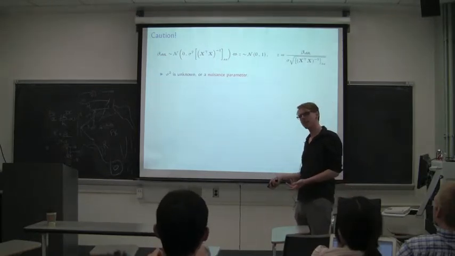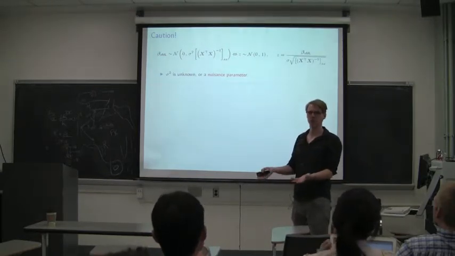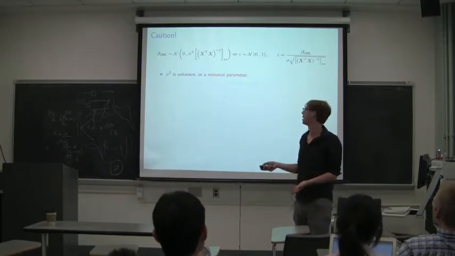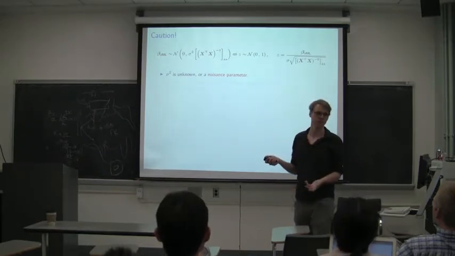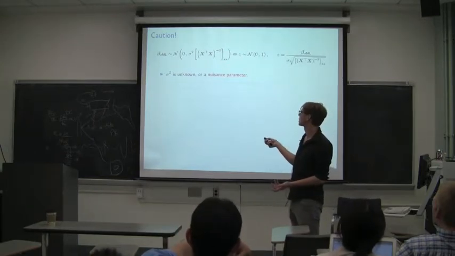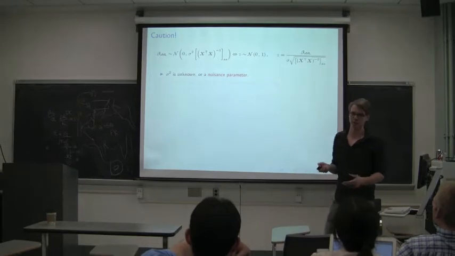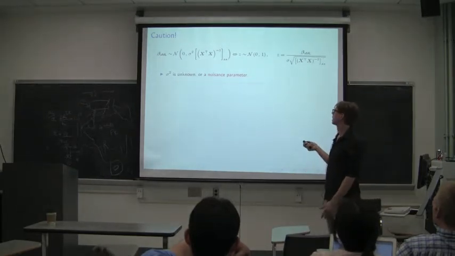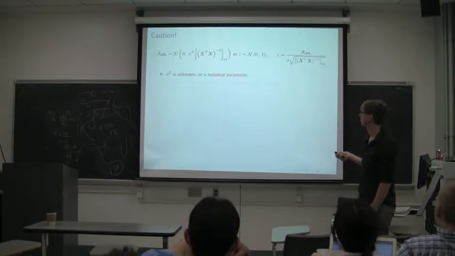But it also contains other parameters that we don't know and need to be estimated, but we're not interested in those. That is what we call a nuisance parameter. So beta would be a parameter of interest, and sigma squared, for example, would be a nuisance parameter. We've already gotten rid of all the other betas, but this we cannot easily get rid of.